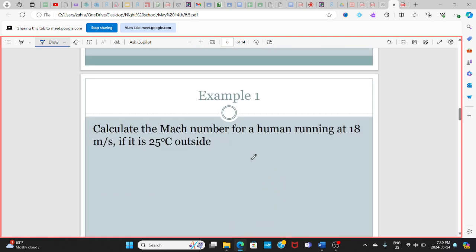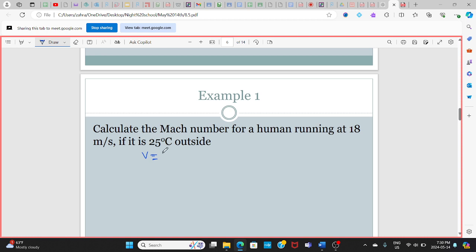Here's an example. Calculate the Mach number for a human running at 18 meters per second if it is 25 degrees Celsius outside. First of all, we need to find the velocity of sound when the temperature is 25.